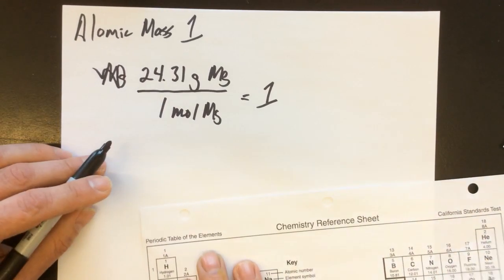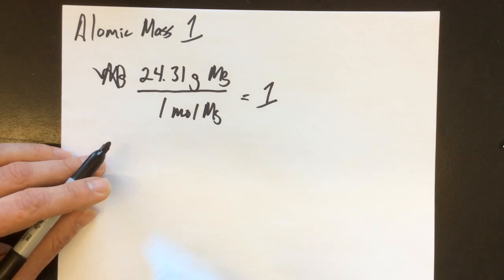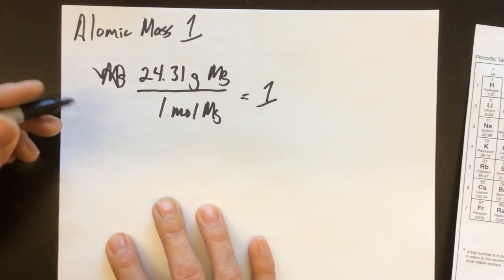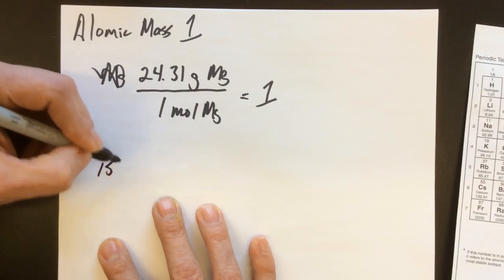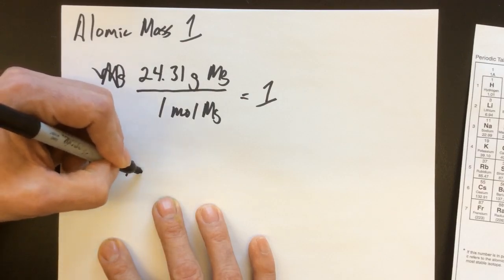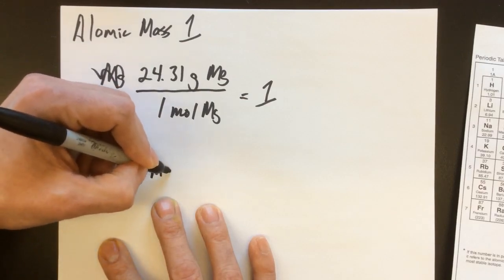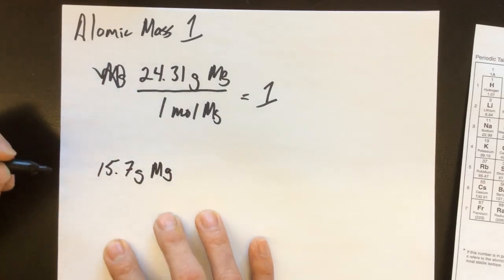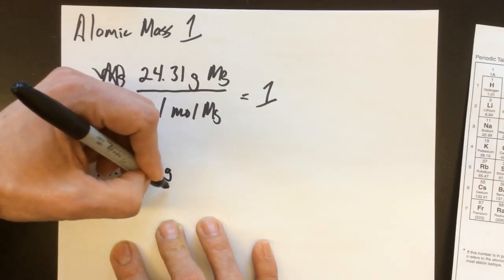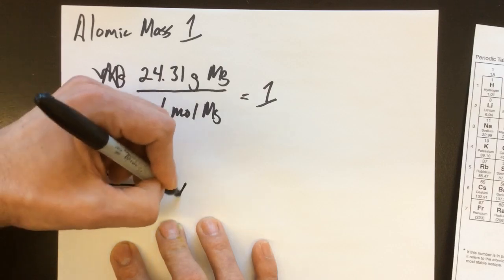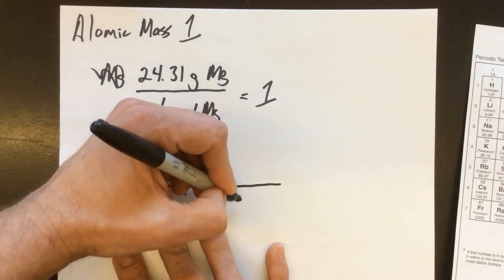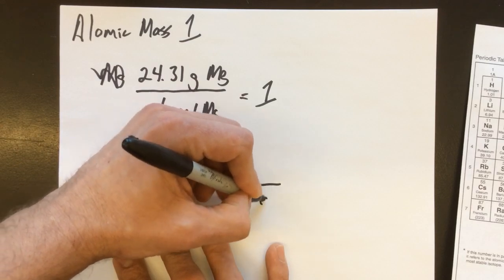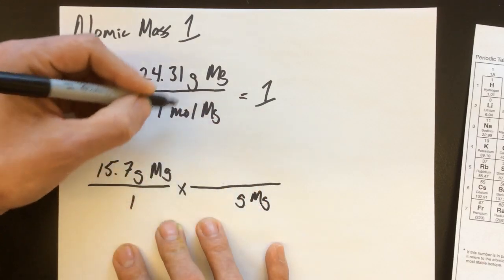This is useful because chemistry happens in moles. And so if I were to say that I had 15.7 grams of magnesium and I needed to know how many moles I had, I can again multiply that by 1 in dimensional analysis format. I know grams of magnesium is going on the bottom because that's what's on the top there.